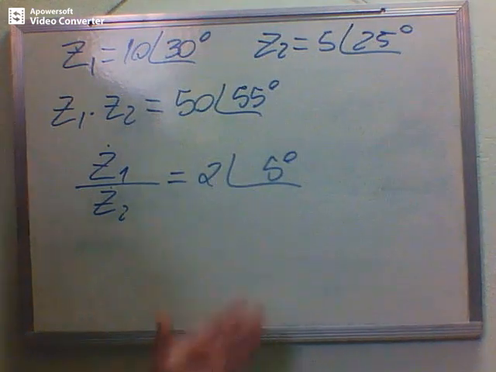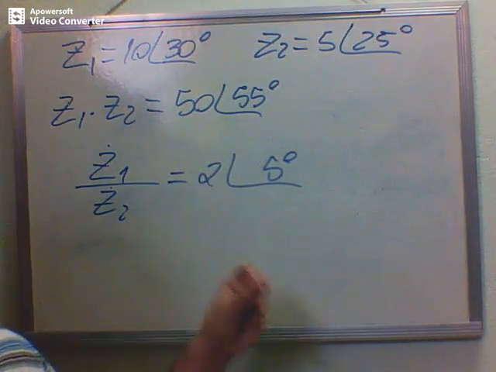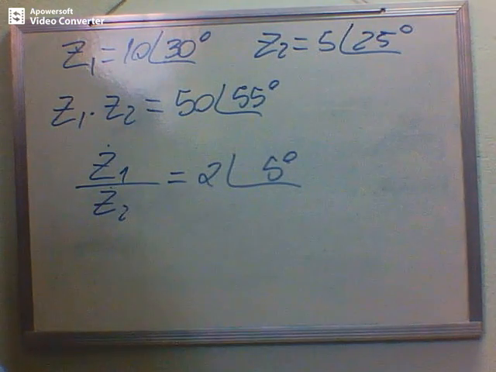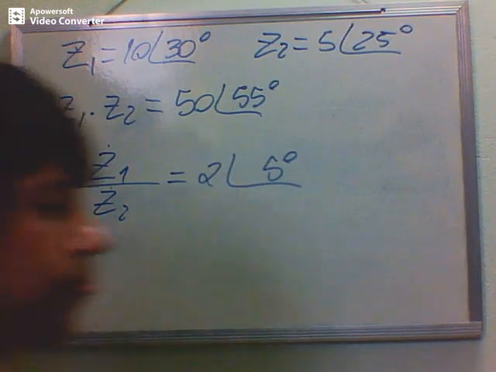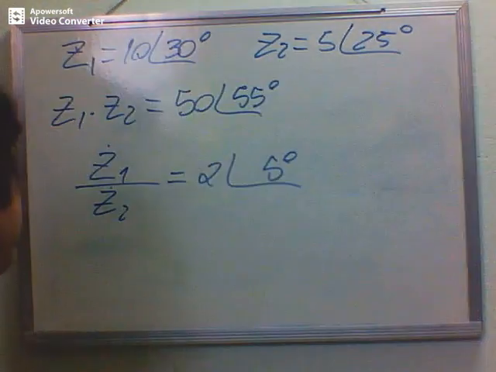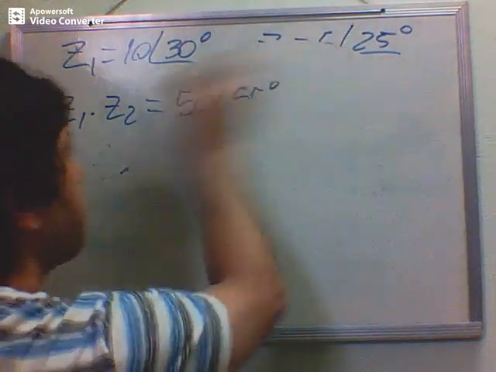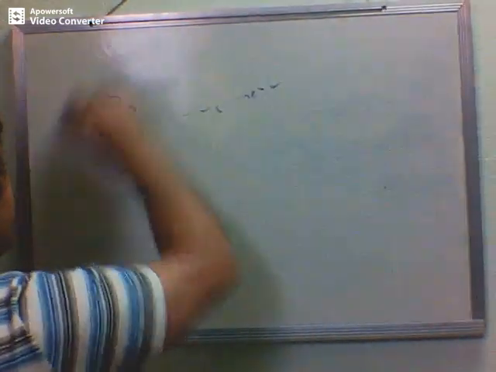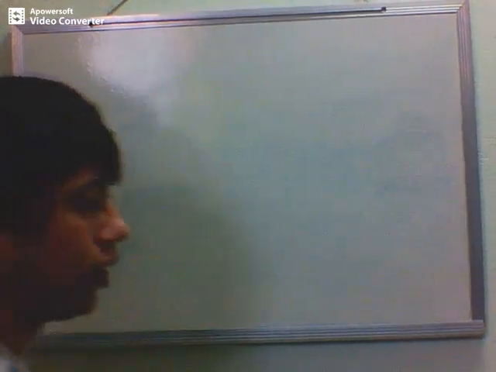Now that we've seen this, what we need to do now is to understand how we're going to convert from one form to the other. To understand how we convert from the Cartesian form to the polar form, let's pay attention to this graph.